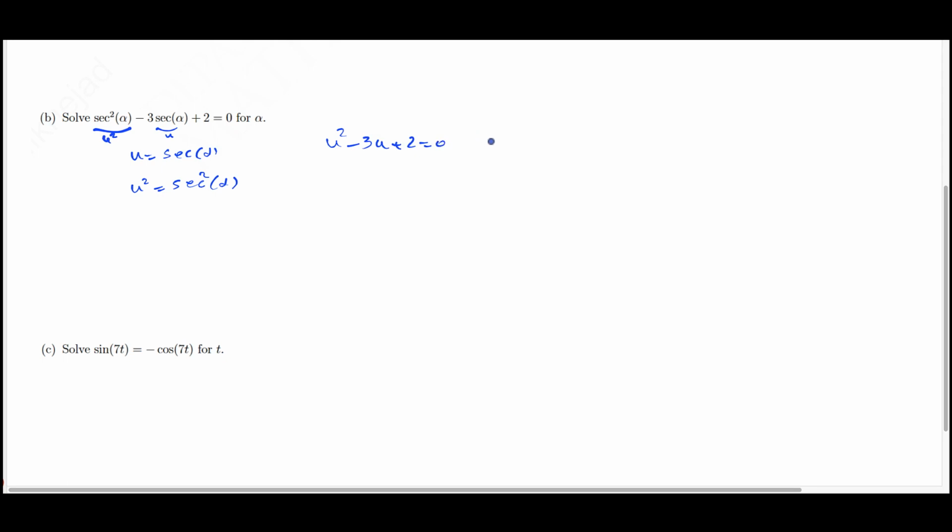Then I solve for u: u minus 2 times u minus 1 equal to 0, so u equal to 1 and u equal to 2. Now, u is not good enough for me. I need to replace u, and remember, u is equal to secant of theta. So secant theta equal to 1 or secant theta equal to 2.